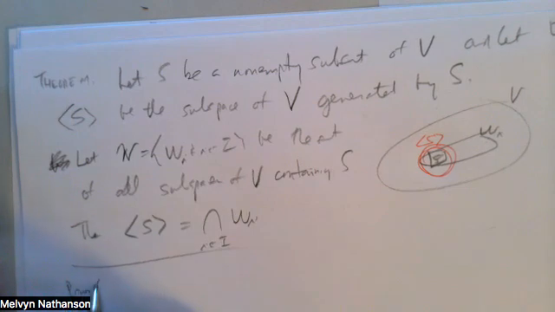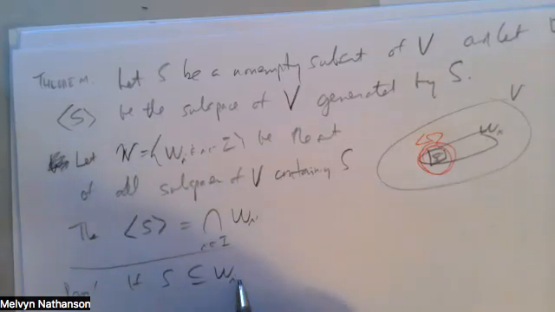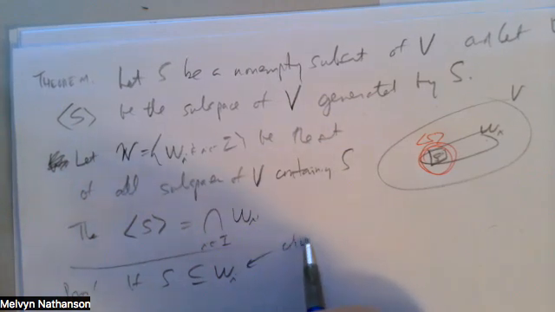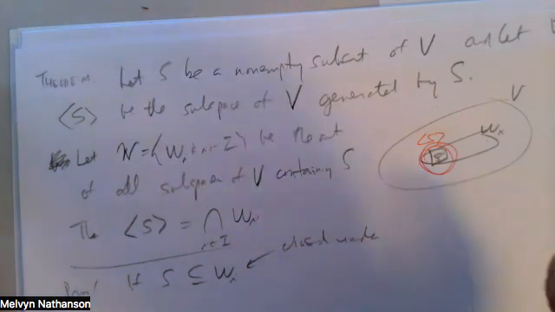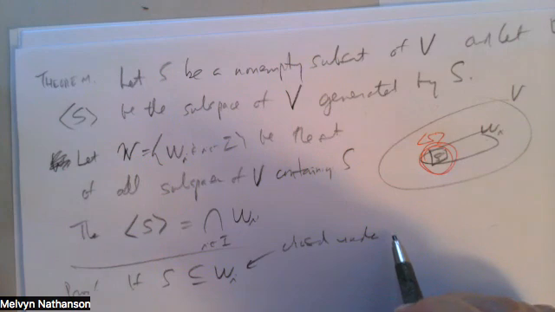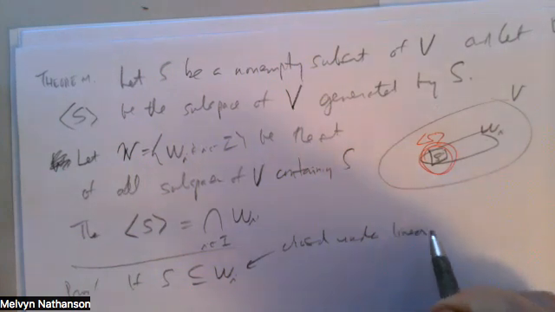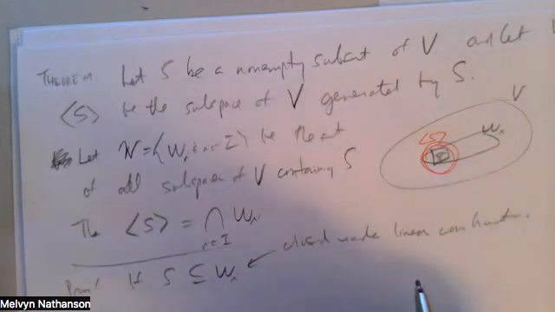So what is the proof of this? First of all, if S is contained in one subspace Wi, Wi is closed under vector addition and scalar multiplication. So it's closed under taking linear combinations of its elements.